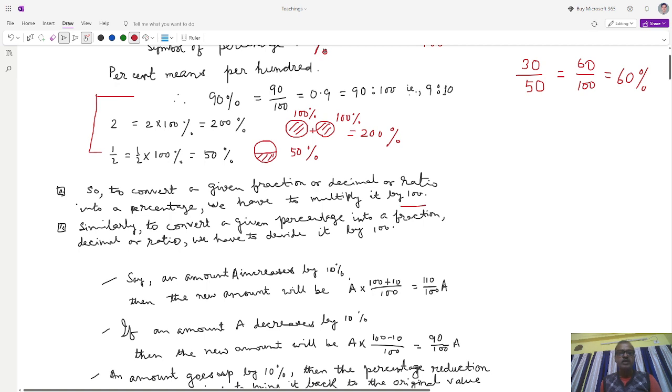Similarly, to convert a given percentage into a fraction, decimal or ratio, we have to divide it by 100. Don't be confused between converting a number into percentage and vice versa.